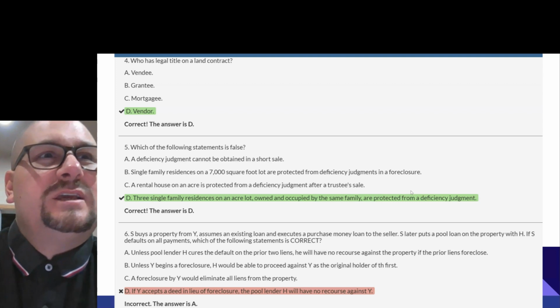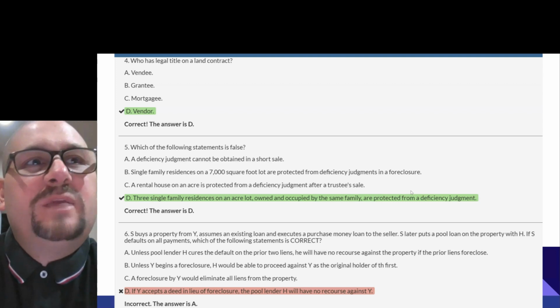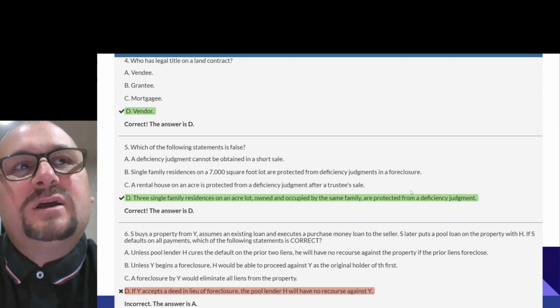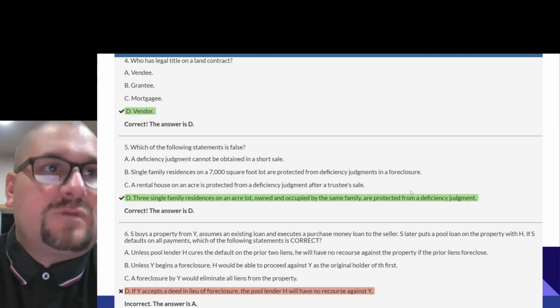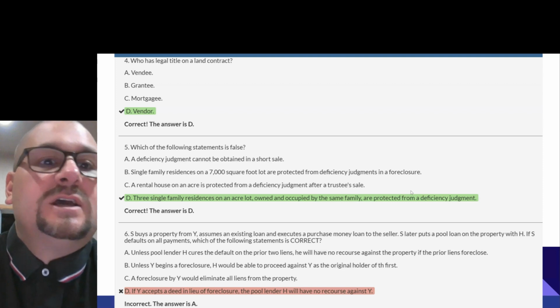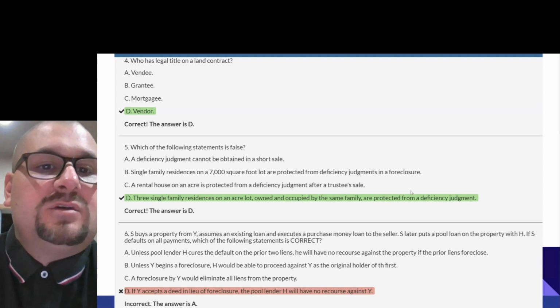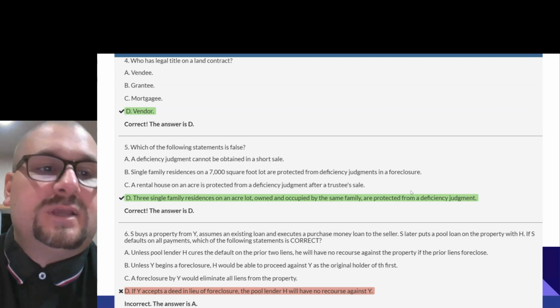So say you miss 3 payments, and 3 months go by and you're already in a foreclosure process and a judge orders a deficiency judgment. Can you then do a short sale? No, it's too late.